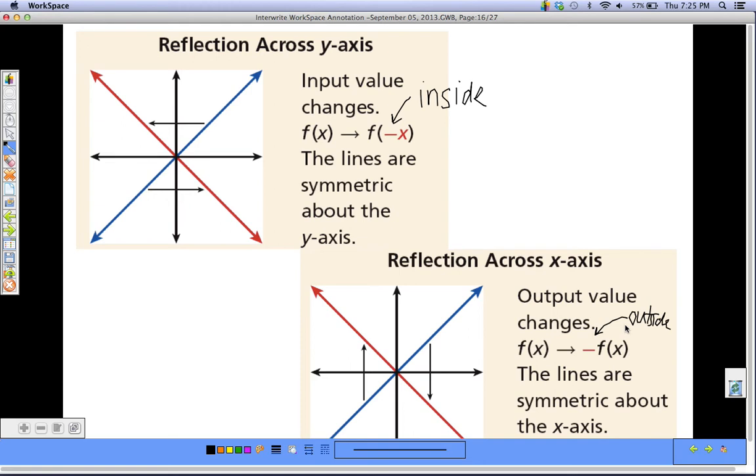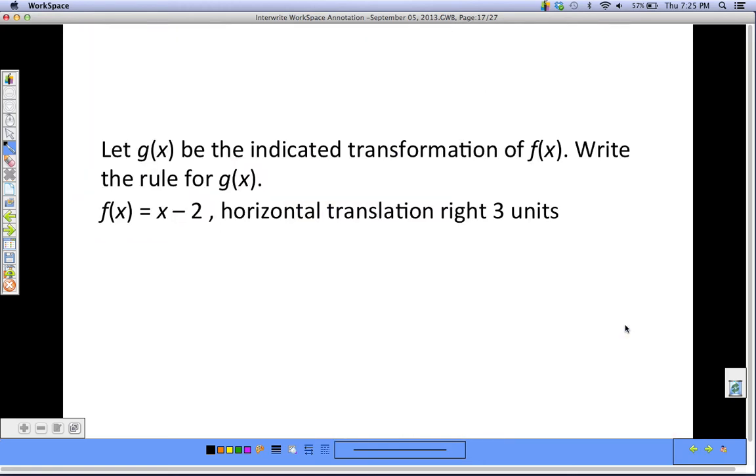So let's practice this basic stuff for right now. We have this function, f of x equals x minus 2. We want to do a horizontal translation, right 3 units. Okay, horizontal. Is that h or k? If you said h, you are right. An easy way to remember it: h stands for horizontal. Perfect.